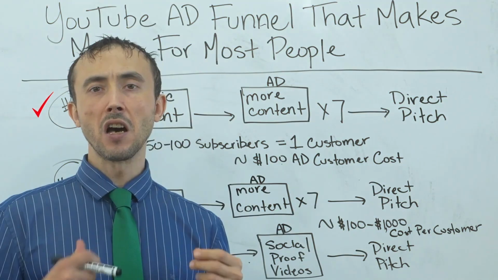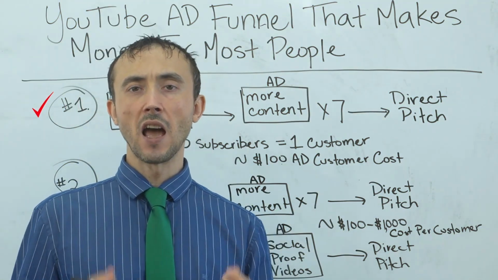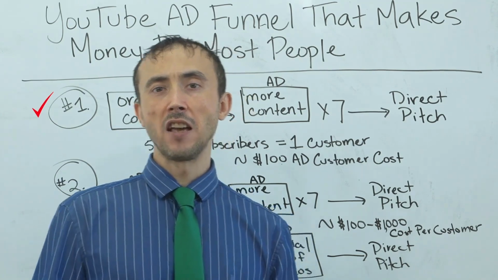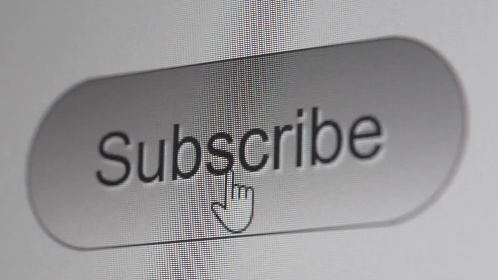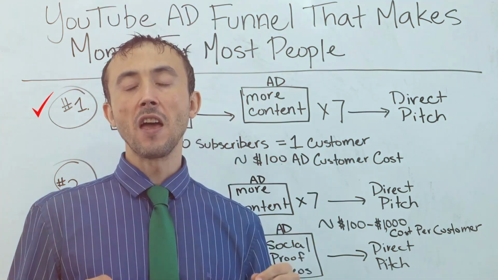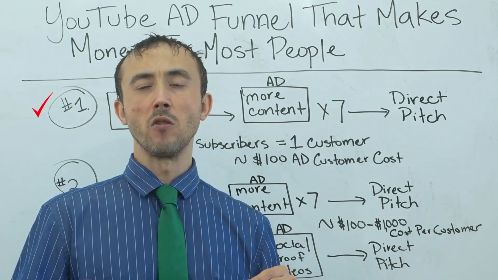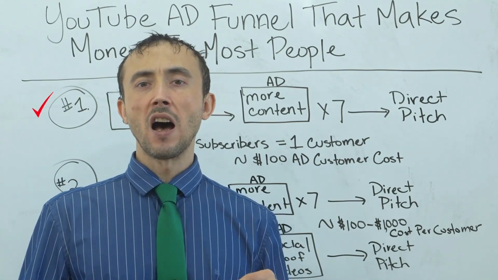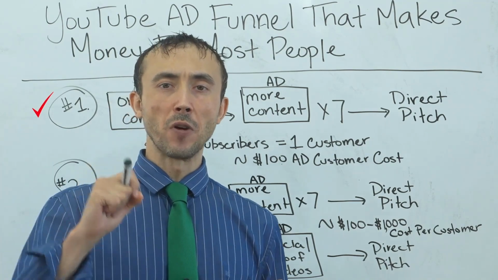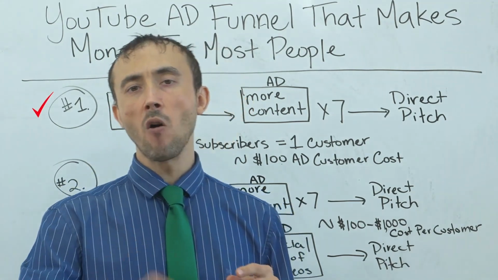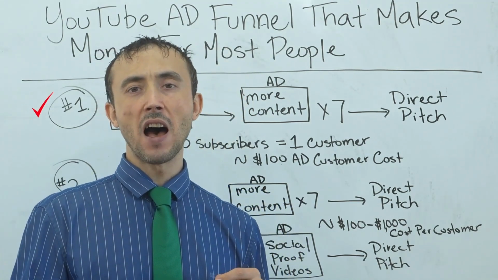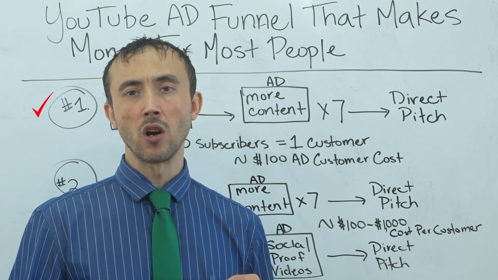That is, building up a YouTube channel organically, then advertising to people who have subscribed to your channel or even just watched it, then market to those people with video ads to get them to buy. The reason why you want to focus on that one first, if it's an option for you at all, is because people buy from people they know, like, and trust.